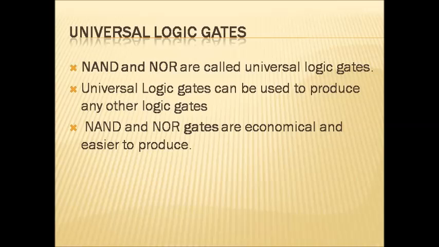The second reason is that in terms of economical use, NAND and NOR are easier, or we can say cheap, to produce. Because of these reasons, NAND and NOR are called the universal logic gates.